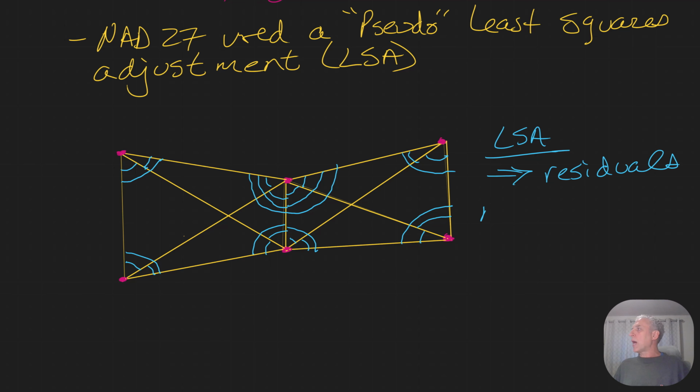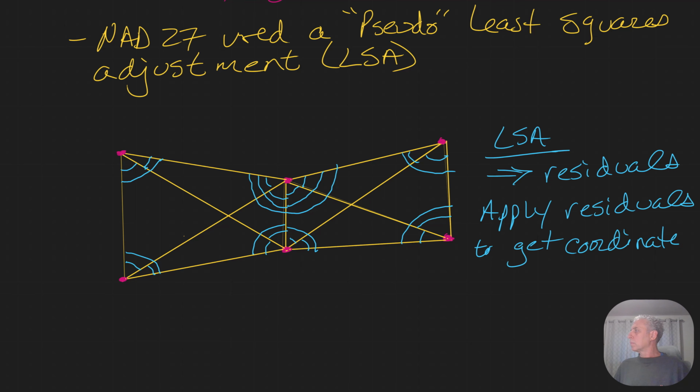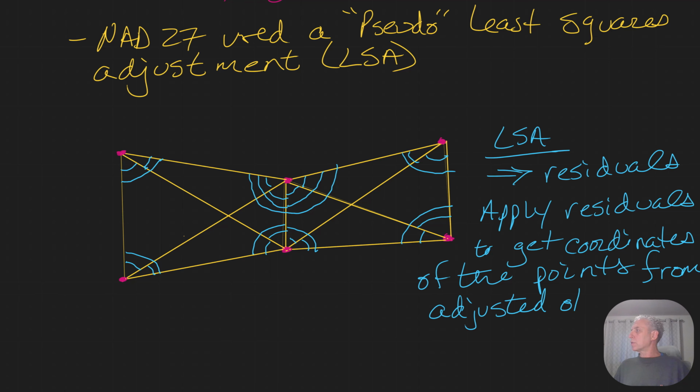And then we would apply the residuals to get coordinates of the points from adjusted observations.